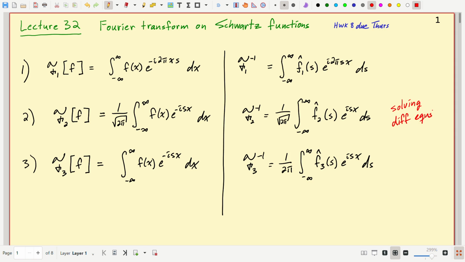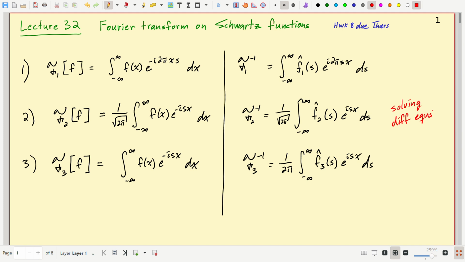Because when you take the formulas for the Fourier transform of a derivative, you integrate by parts, and an i s comes out.